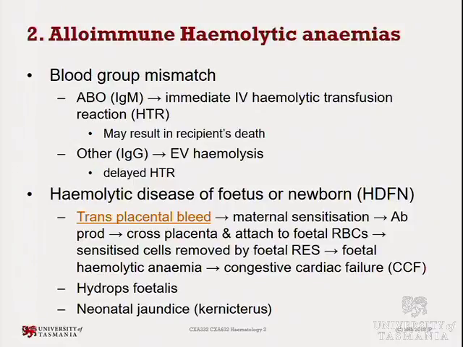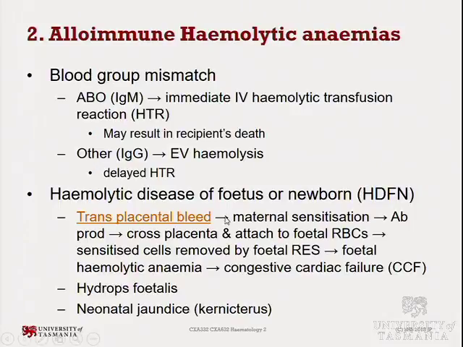And then the immune system recognises that, and the titer of that antibody rises, but that can take up to 7 days. And so we get what we call a delayed hemolytic transfusion reaction. Because it is IgG class, we tend to get extravascular hemolysis, and it doesn't tend to be as severe. Okay, you'll learn a lot more about this next semester.